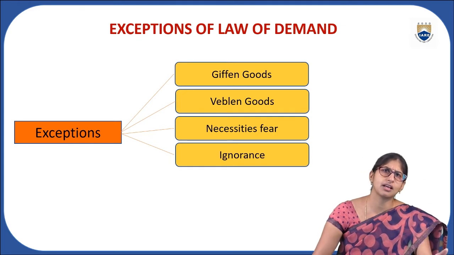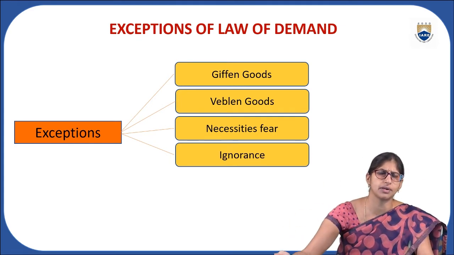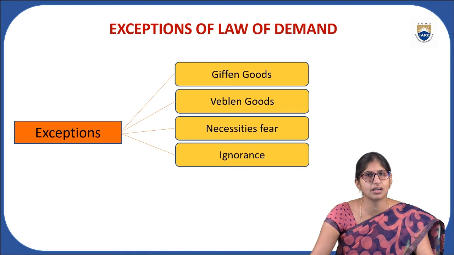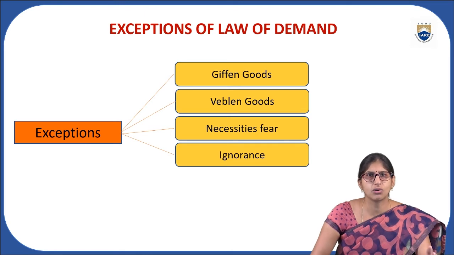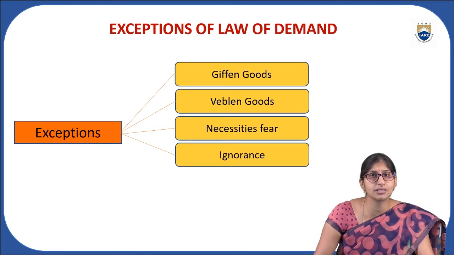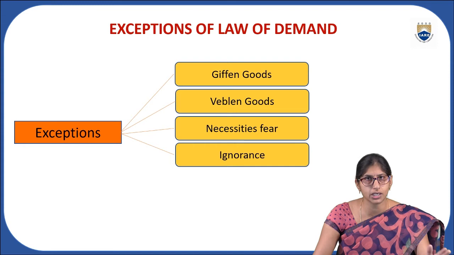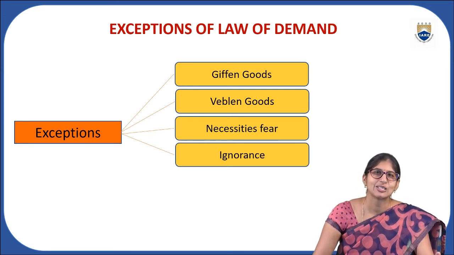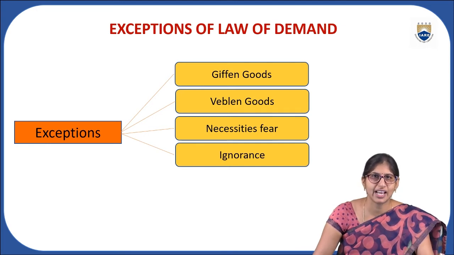Because they are stubborn enough, once they step into the first year of any engineering college, they definitely want it at that moment, right? Here they are ignoring the price. So obviously a parent has to buy that, right? So here we are going to ignore the price change.